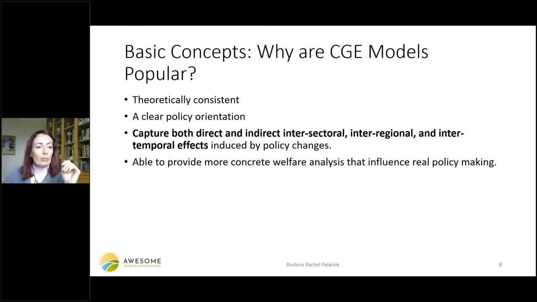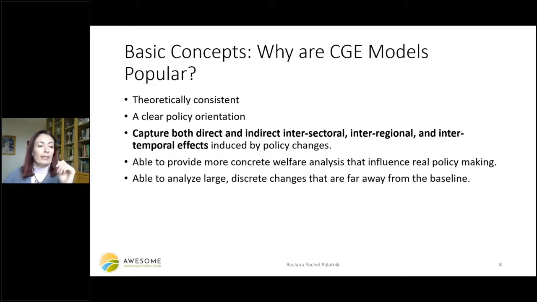These models are able to provide more concrete welfare analysis that influences real policy making. They are able to analyze large, discrete changes that are far away from the baseline.